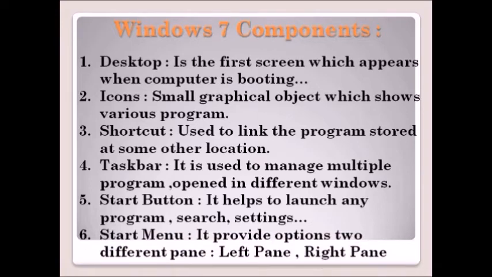Then the start menu provides options in two different panels. The left panel gives access to programs and the search box, while the right panel gives access to commonly used locations like documents, pictures, music, control panel, etc.